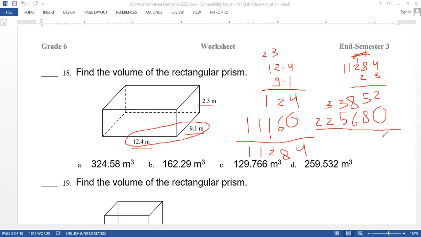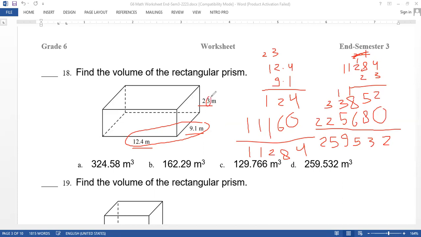Now I add them. 2. 5 plus 8, 13. 1 plus 8 plus 6, 15. 1 plus 3 plus 5, 9. 3 plus 2, 5. And I bring the 2 down. Now I count.